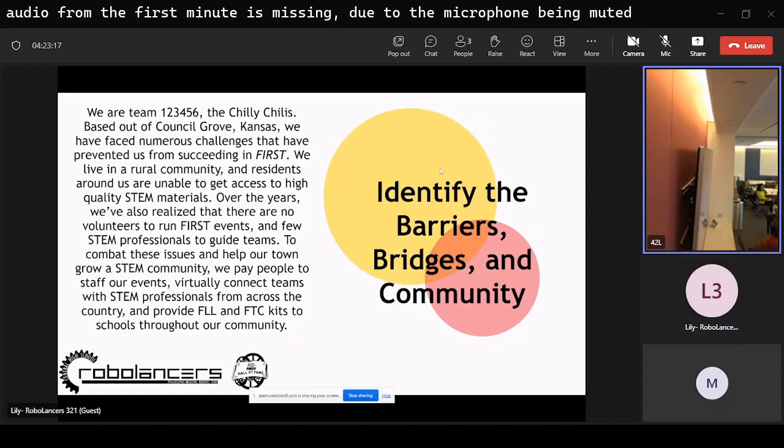We are team 123456, the Chili Chilies. As we have faced numerous challenges that have prepared us for succeeding in FIRST, we live in a rural community and residents around us are unable to get access to high quality STEM materials.